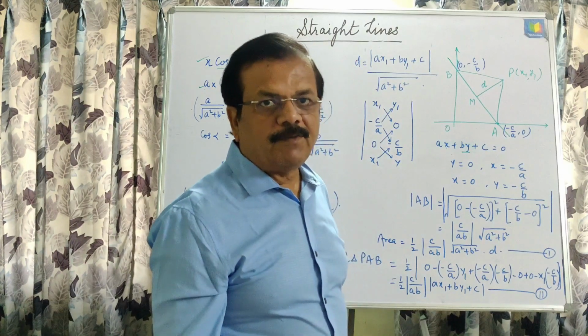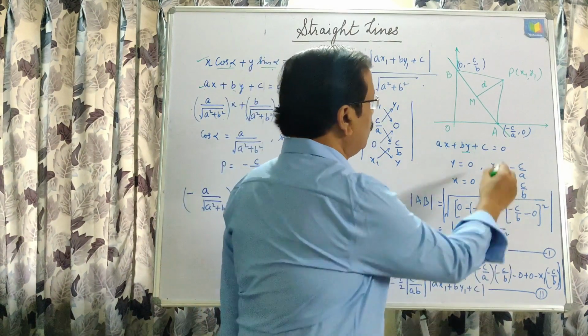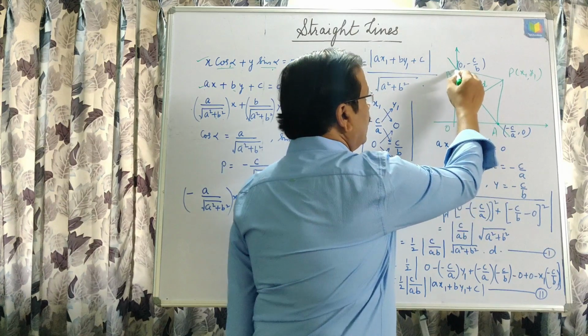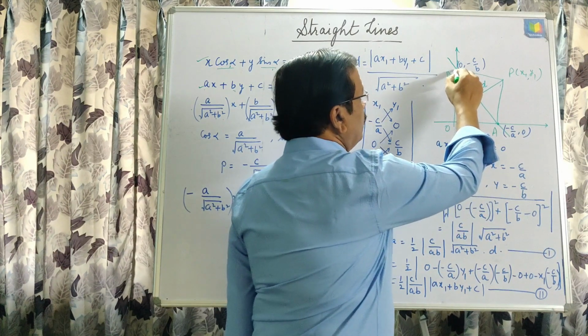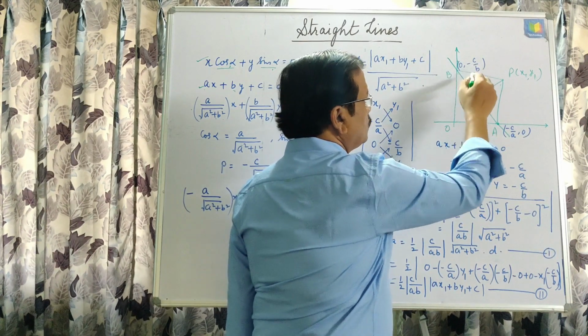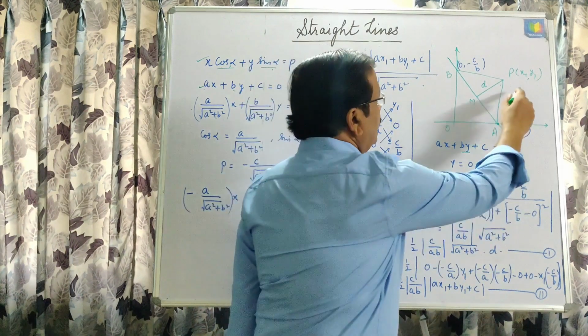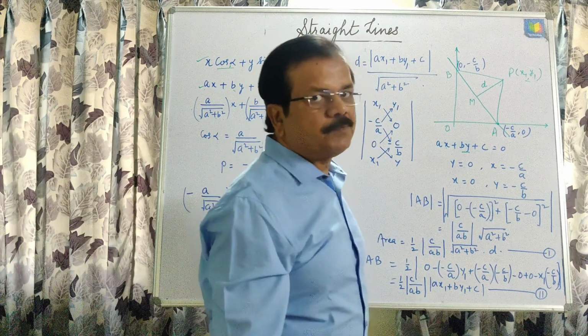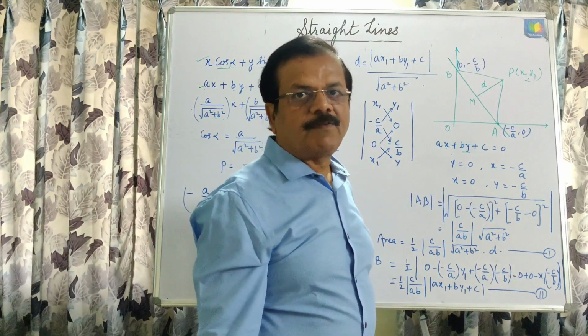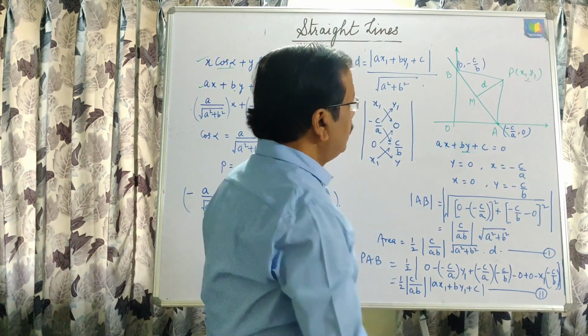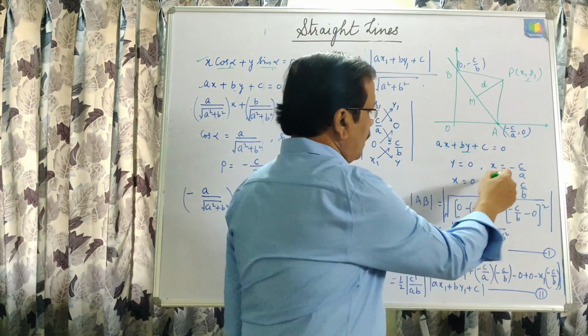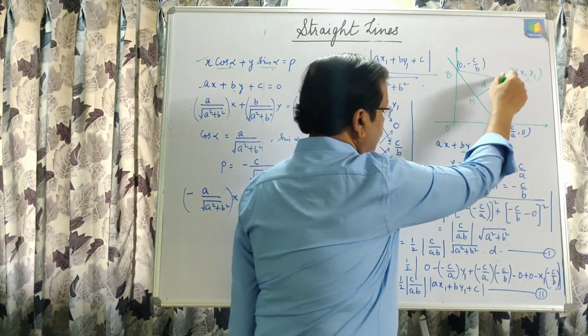So the coordinates will be (-c/a, 0). In the same way, putting x = 0, the y coordinate is -c/b. So the coordinates will be (0, -c/b). And let the point from which we are finding the distance be (x1, y1). So we got these three coordinates.